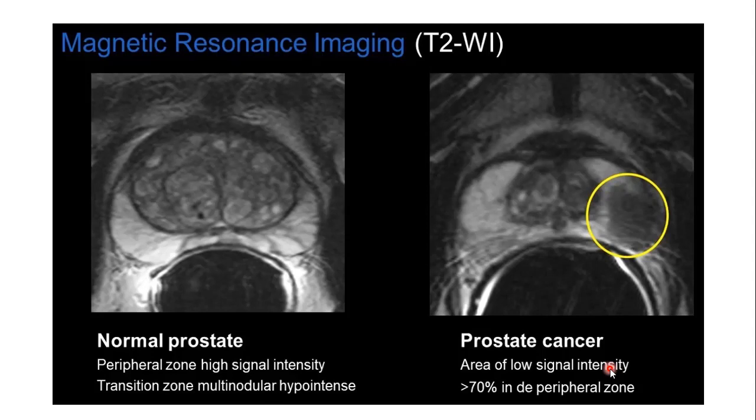Here we can see the changes because of BPH, and this is the low intensity rim. Here is the hyperintense peripheral zone of the prostate and intermediate signal central gland. Here we can see prostate cancer in the left peripheral zone, with low intensity signal in the peripheral zone.